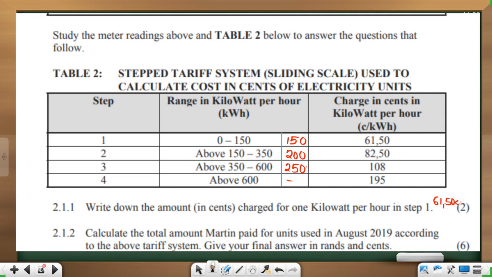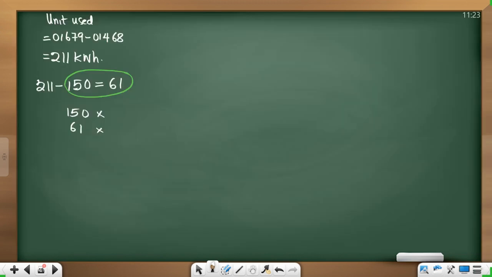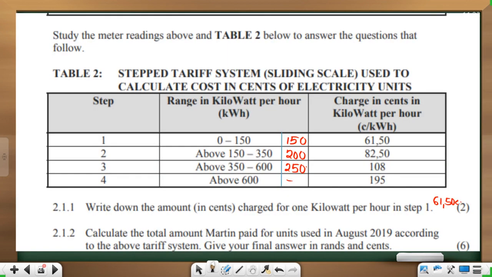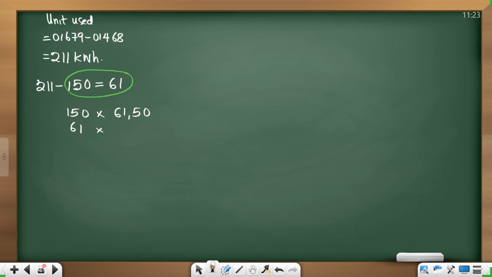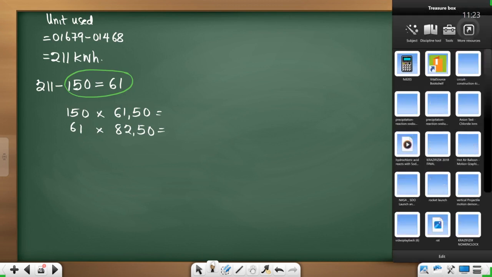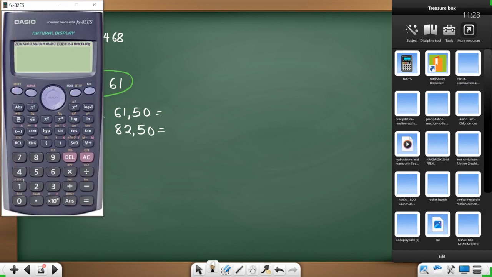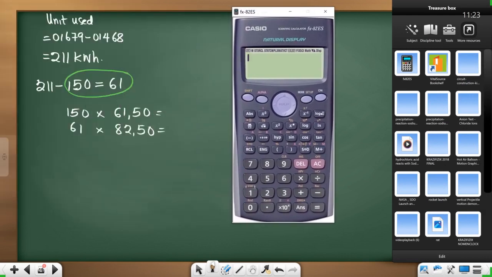Times 61.50. And in the second block, step 2, 82 rand 50 cents. Remember, all of these are in cents. Let's get a calculator quickly. 150 times 61.50.